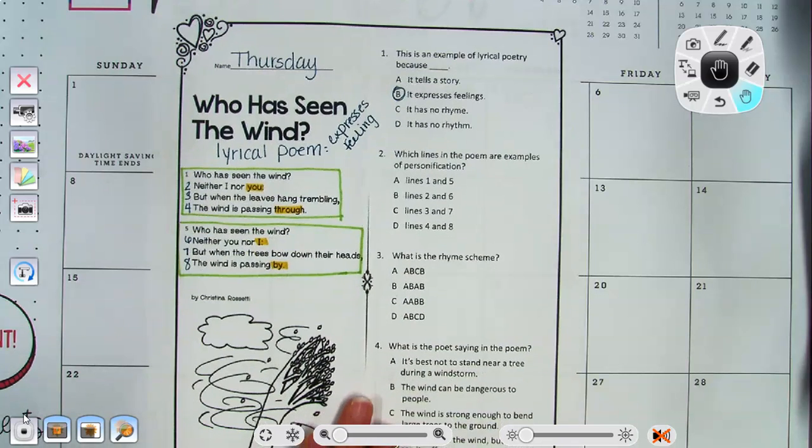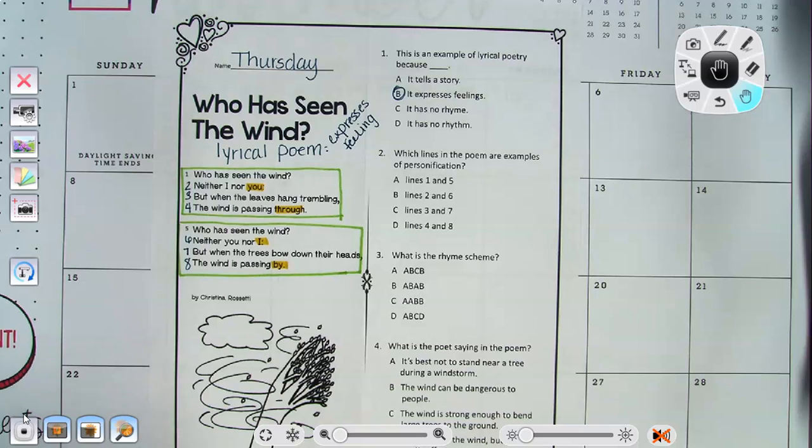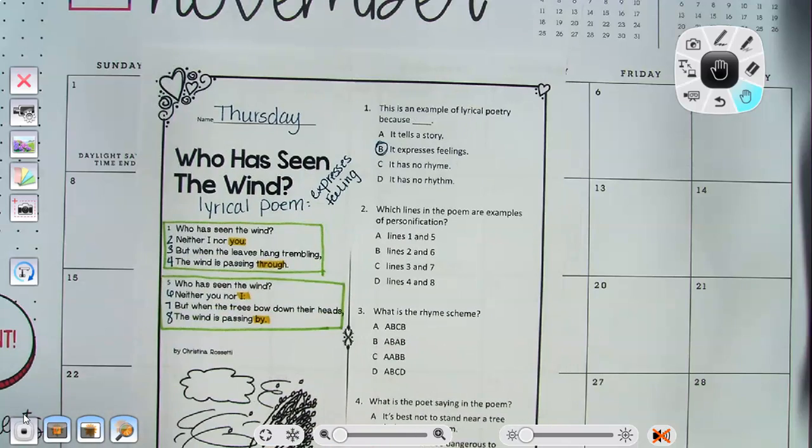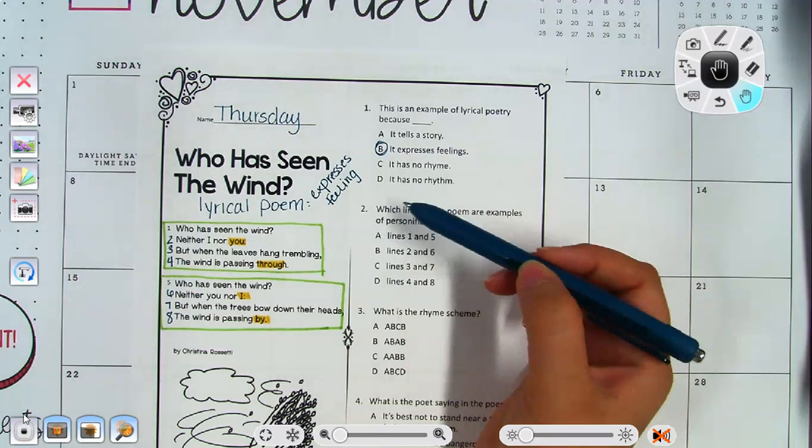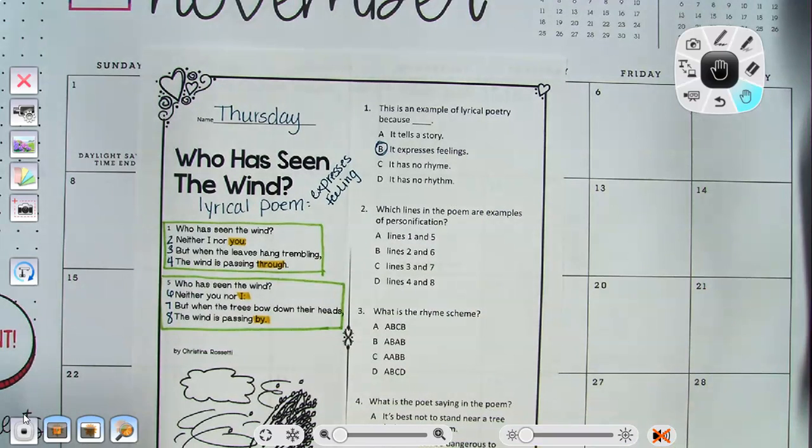Number 2. Which lines in the poem are examples of personification? We've been learning about figurative language, and remember, personification was one of the types. Personification is when a non-human object is given human traits.